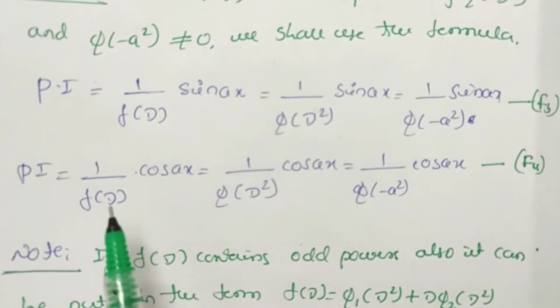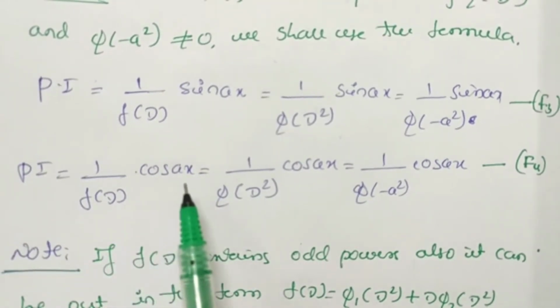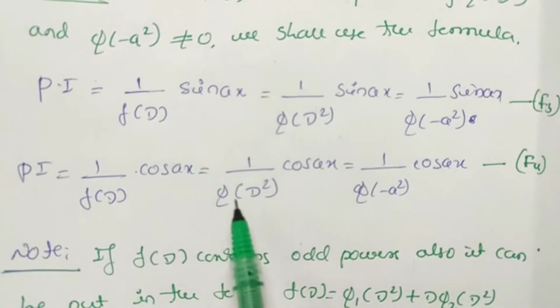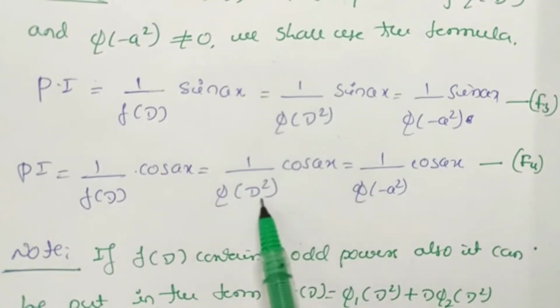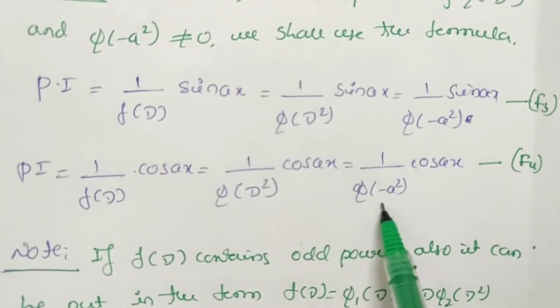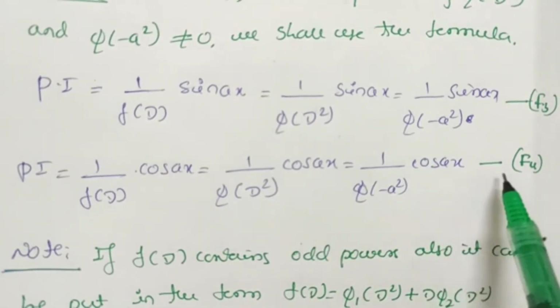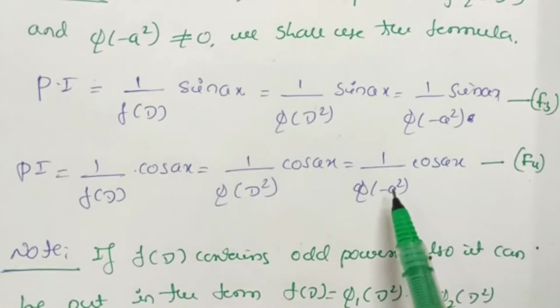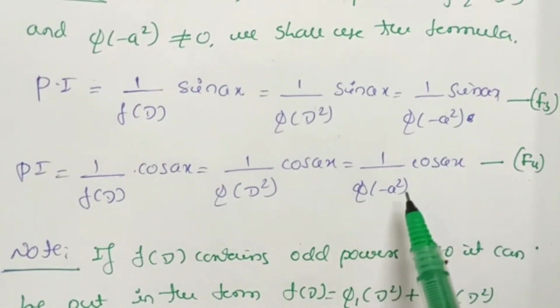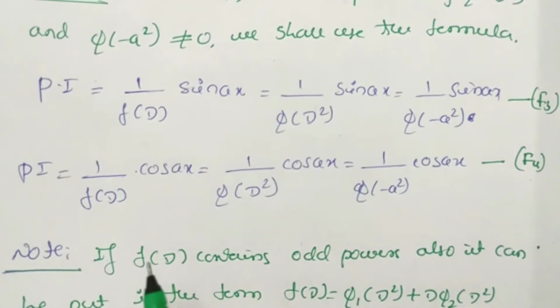Similarly, the particular integral of 1 by f of D of cos ax equals 1 by phi of D square cos ax, where also you replace D square by minus a square into cos ax, and take this one as the fourth formula. These two formulas can be applied only when phi of minus a square is not equal to 0.